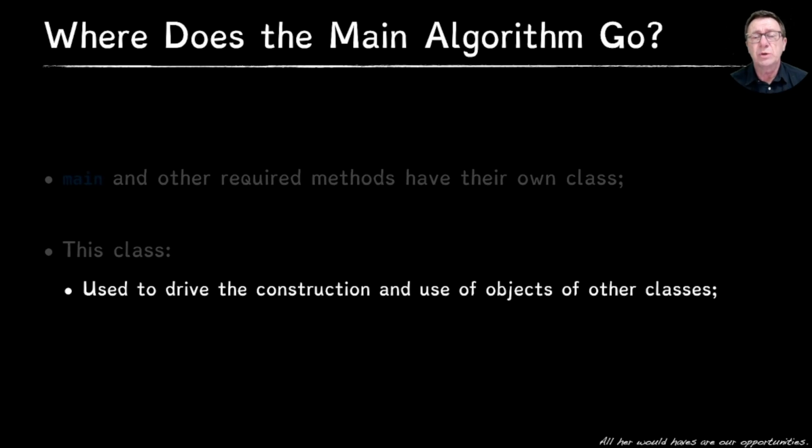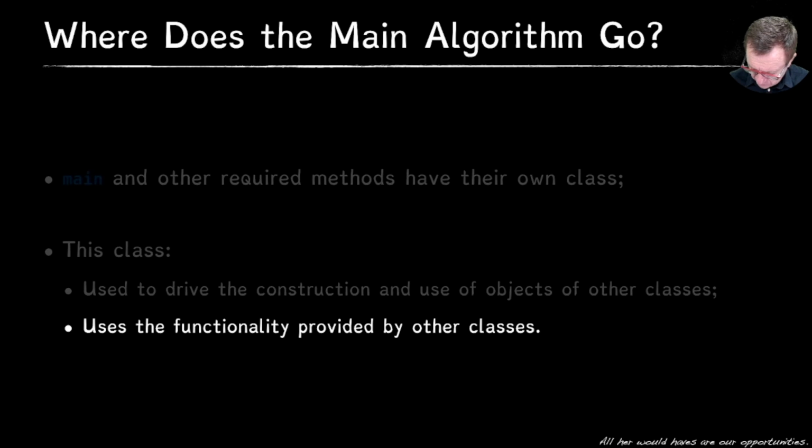I like to think of it as Zentralstation, Hauptbahnhof, central station. This is where everything starts and then goes out from and comes back to and does all kinds of things. It's what's going to use all of the functionality that the classes provide for us.